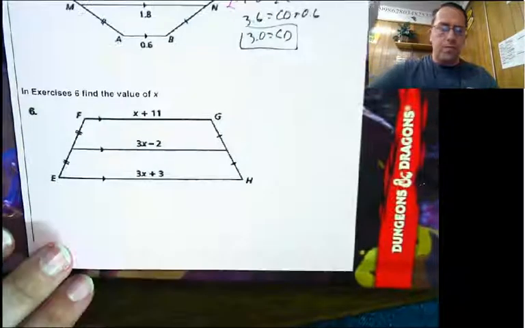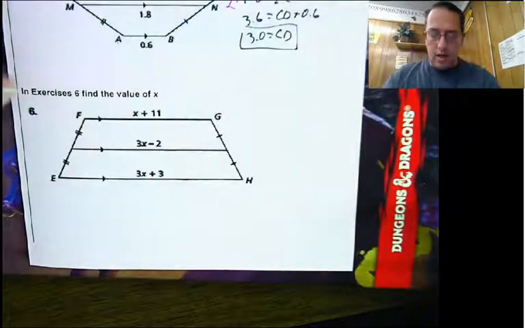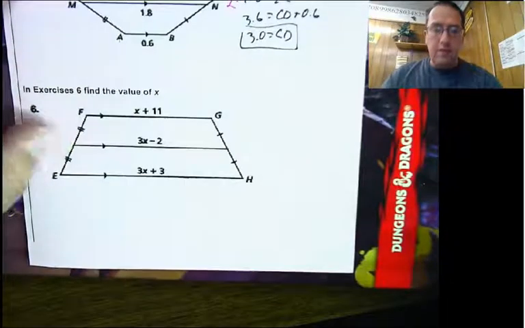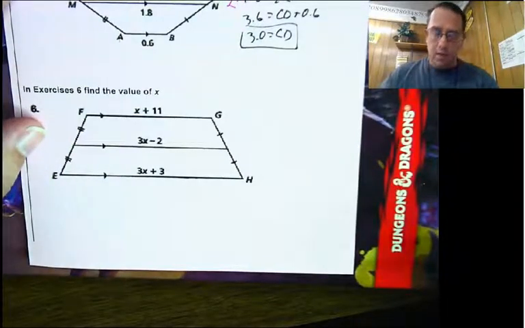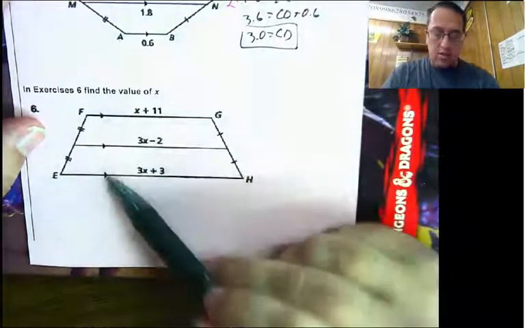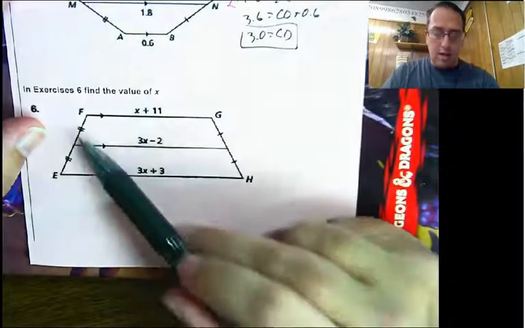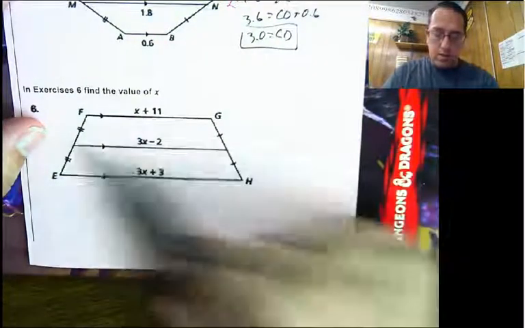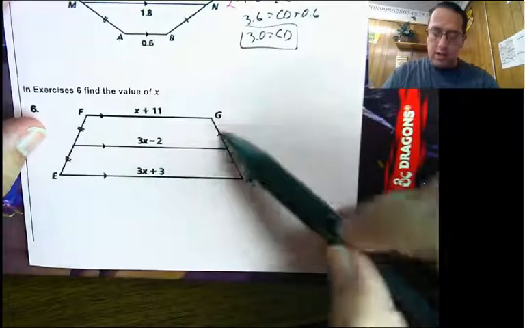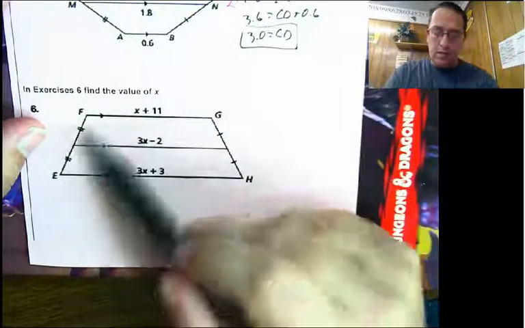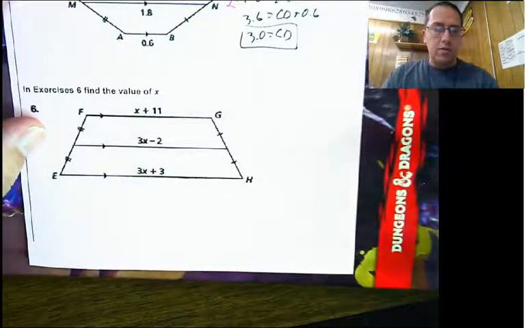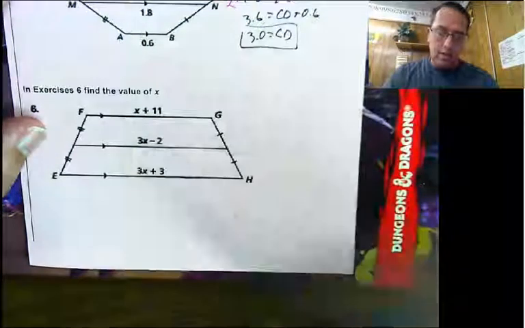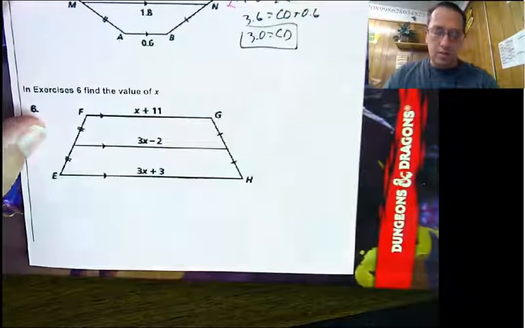All right, so here we go. Last problem. We need to find the value of x. If you'll notice, these are all parallel. And not only that, this segment in the middle is connecting midpoints of the two legs. And so that means this is the midsegment.